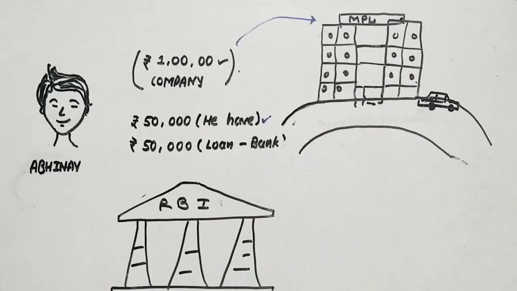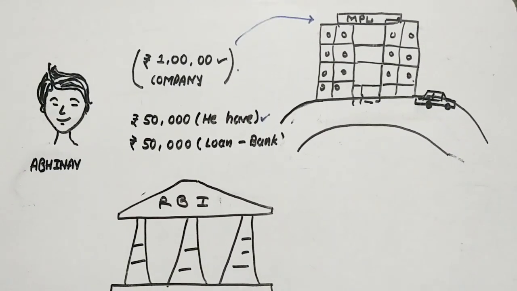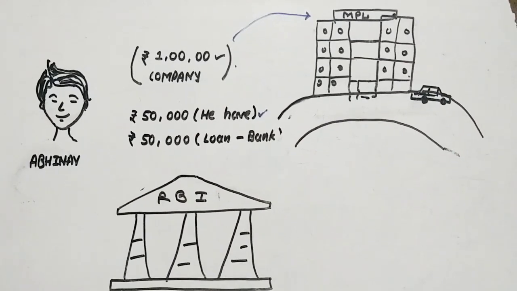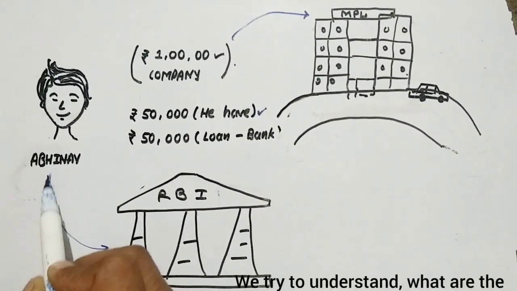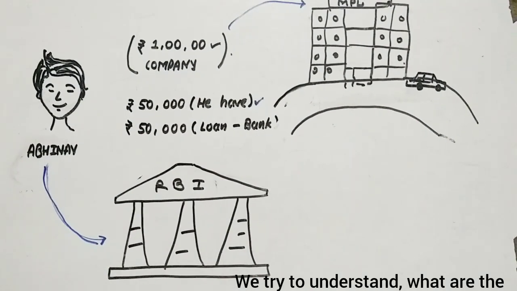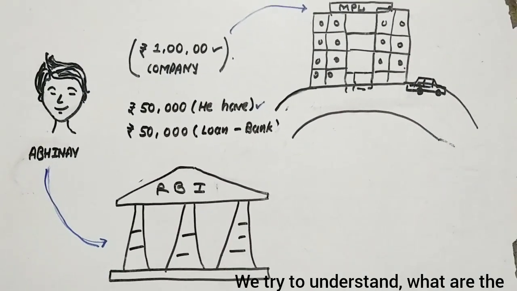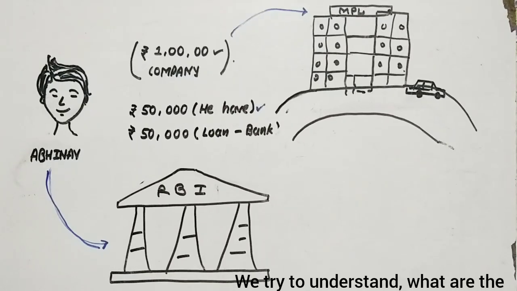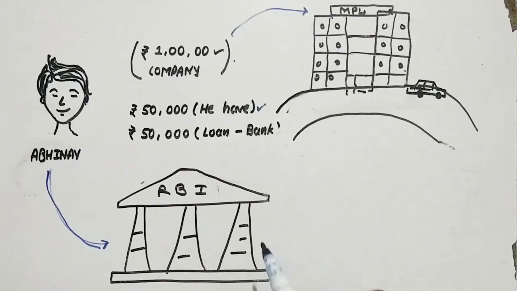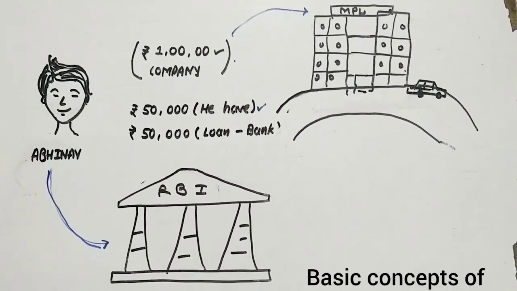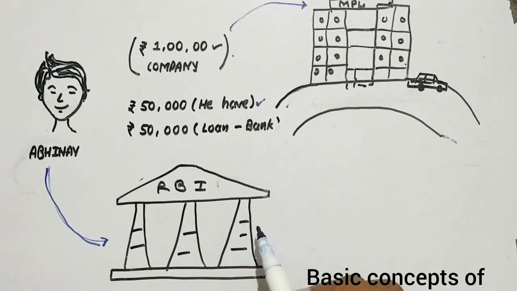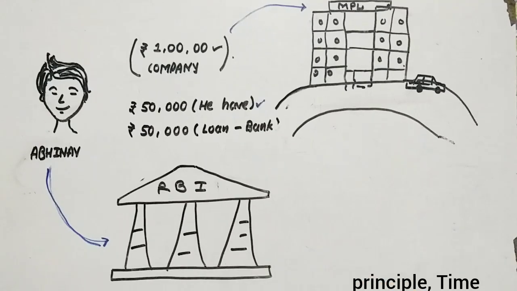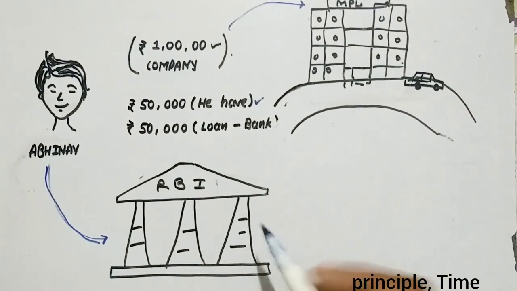But no one supports Abhinav, so finally he has one way. He goes to the RBI bank and requests a loan, and finally the RBI bank agrees.